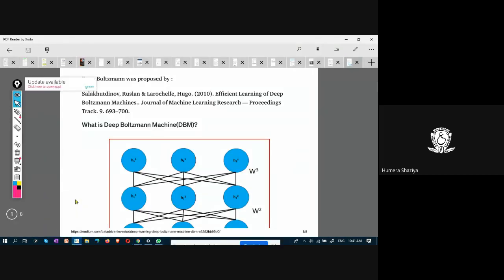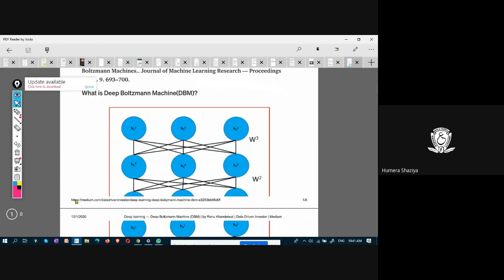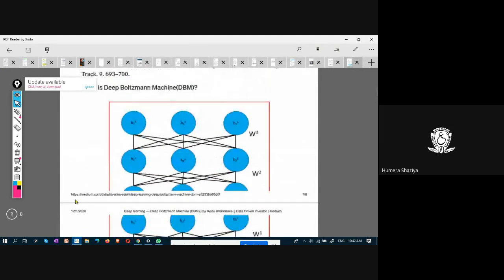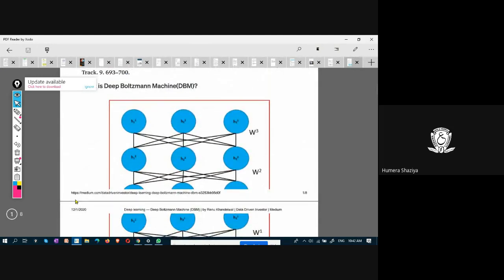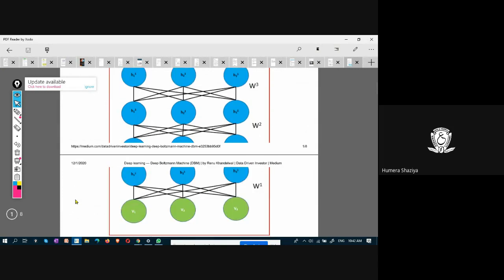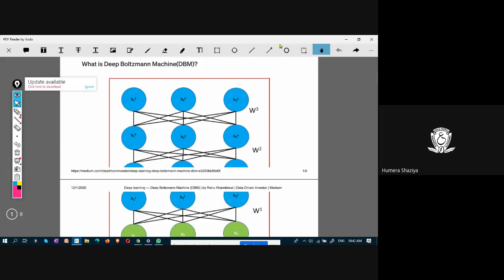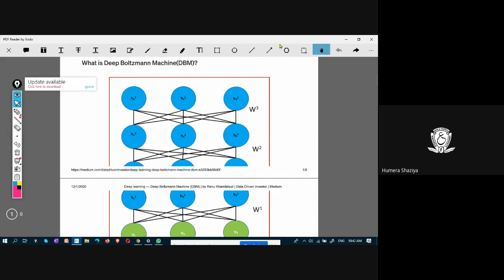This deep Boltzmann machine has got more layers. RBM has got only 2 layers. Look at here. This is the figure for deep Boltzmann machine, where we find that there are nodes in the visible layer or input layer, and this one is followed by n number of hidden layers.